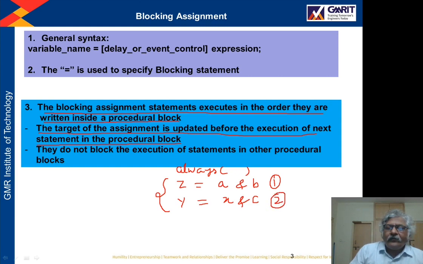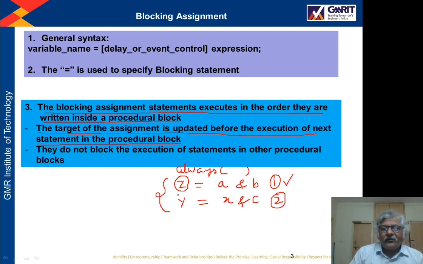In case of a blocking statement, first statement 1 is executed, and the target signal, here Z, will be updated. Only after the update of the target signal, the second statement will be executed.